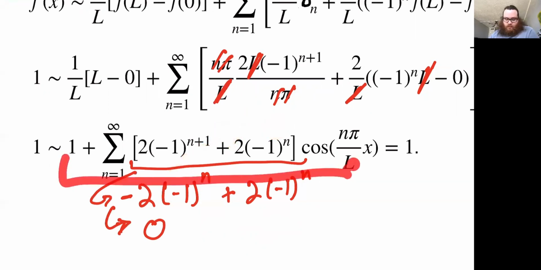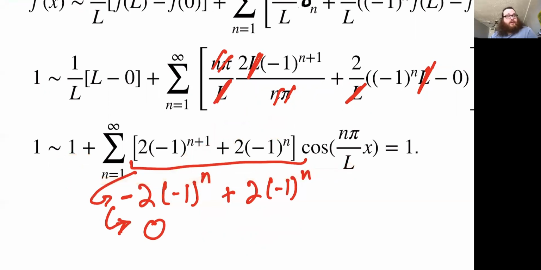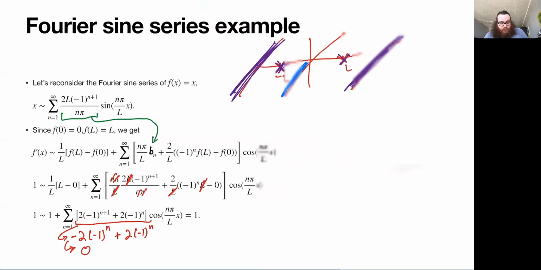And so in this series, all we're left with is this 1 at the front. On the left-hand side, this was the derivative of the function we started with, which was f of x equals x. On the right-hand side, we end up with 1, which is interpreted as a cosine series. So if we use the correct formula, we get the right result.